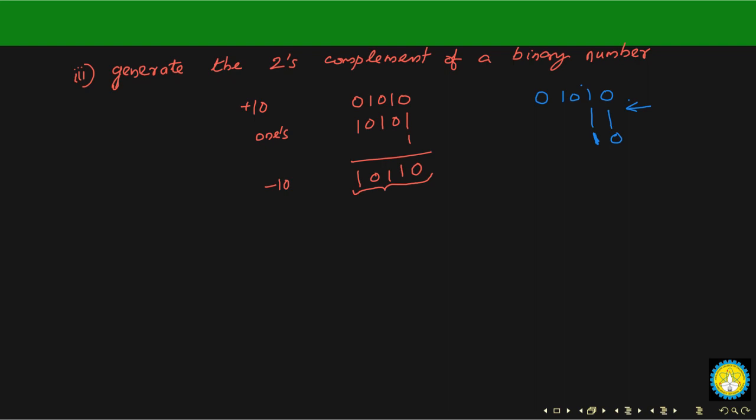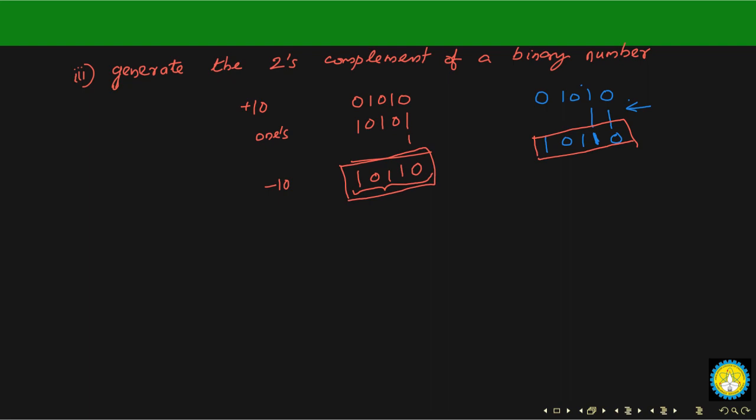And then you invert the other values. So 0 will become a 1, 1 will become a 0, and 0 will become a 1. You can compare the answers now. By using this trick, we got the very same answer, 1, 0, 1, 1, 0. So here also you got 1, 0, 1, 1, 0.